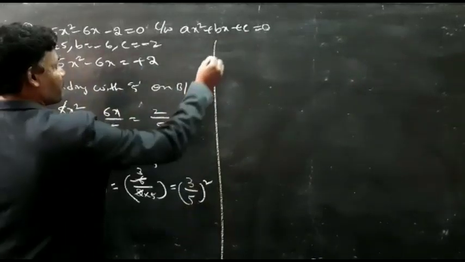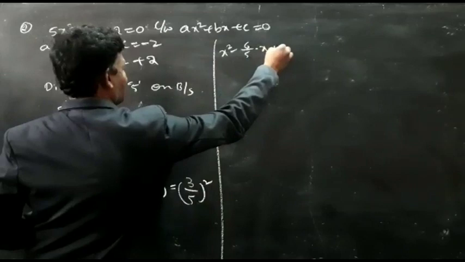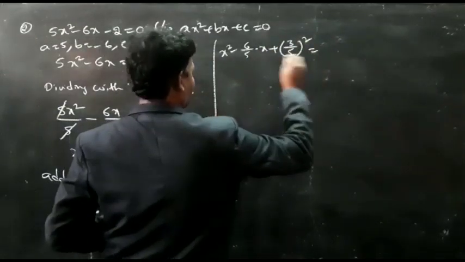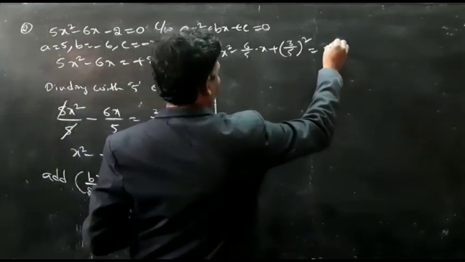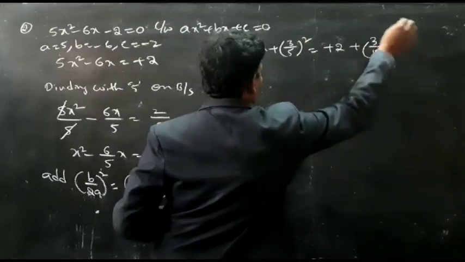It means x square minus 6 by 5 into x plus 3 by 5 whole square is equal to 2 plus 3 by 5 whole square.